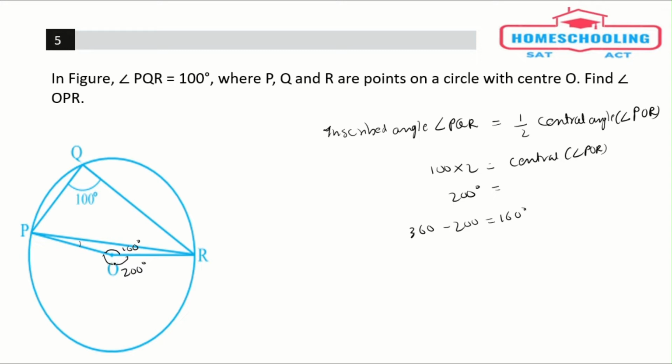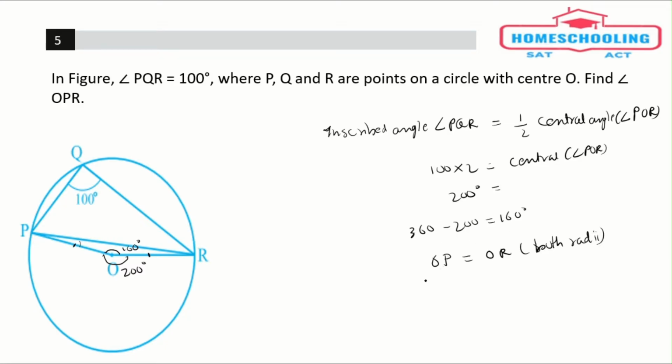Now, as we know that this is the center, and OR and OP are radii, so both of them would be the same. As we have read in the triangles chapter, angles opposite to equal sides are also equal. So OP is equal to OR, as both are radii of the circle.